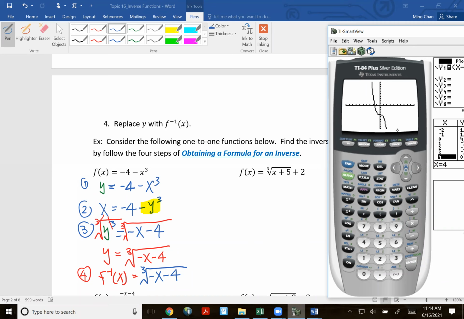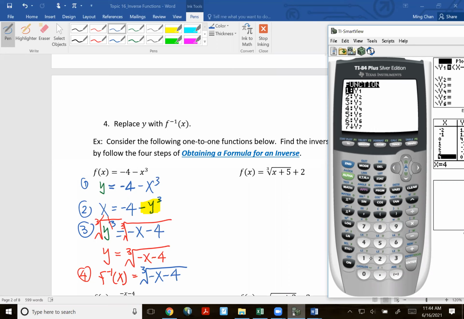Another way to graph the inverse, and if I remember the steps correctly, you don't have to do this, I just want to show it to you, okay? So you can see the same graph. You go to draw, and you go to draw inverse. I think it's under vars, y vars, number 1 function.